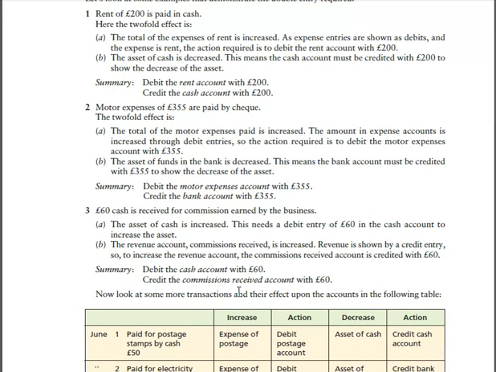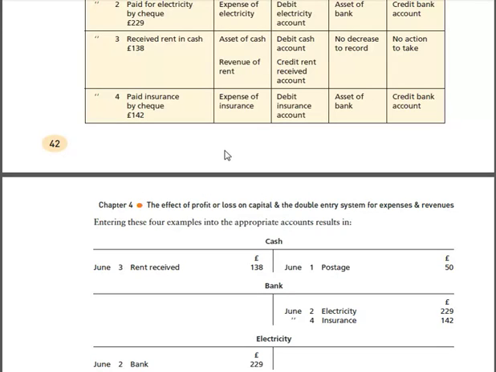If we were to quickly plot this into our T accounts, we would debit the rent account and credit the cash account. We'll use the same methodology that we used in creating the T accounts.